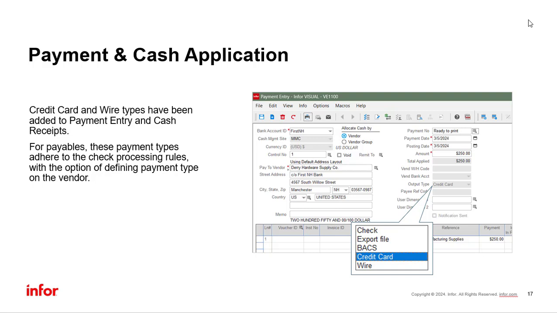Credit card and wire types have been added to both accounts payable payment entry as well as accounts receivable cash receipts. For payables, these payment types will adhere to current check processing rules, where you can specify the payment type on a vendor and then group and process those types through the standard pay runs.